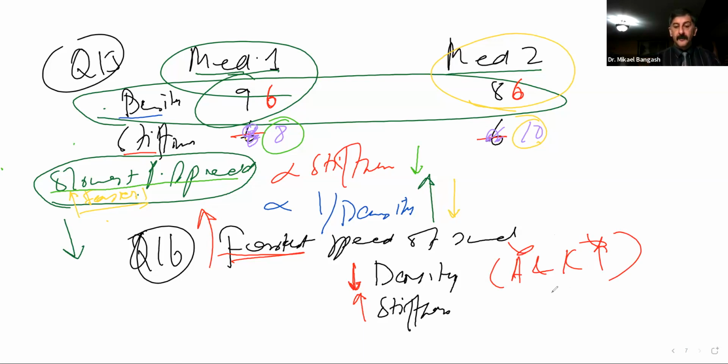You're left with B and D. Now you just have to look at which of these two has high stiffness. That will be B, as in boy. So that's your answer.